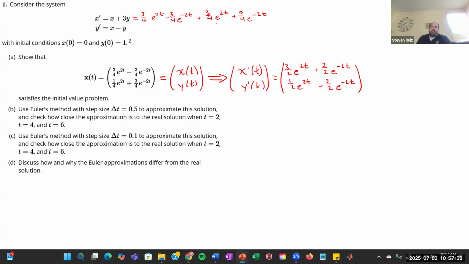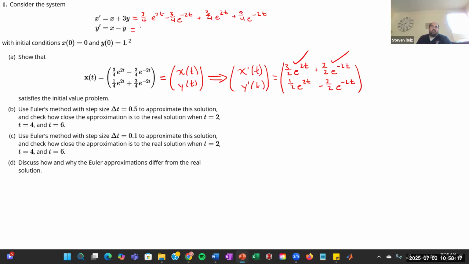If I start collecting like terms, for e to the 2t, I get 3/4 plus 3/4. That gives me 3/2 e to the 2t. So that term checks out. 9/4 minus 3/4 e to the negative 2t gives me 6/4 e to the negative 2t. That's also 3/2. So that solution seems good.